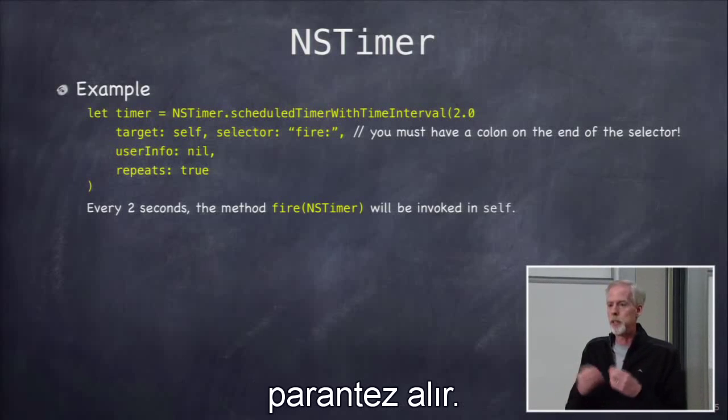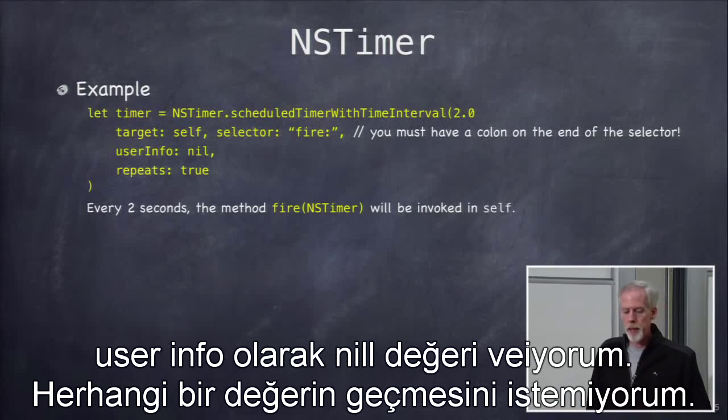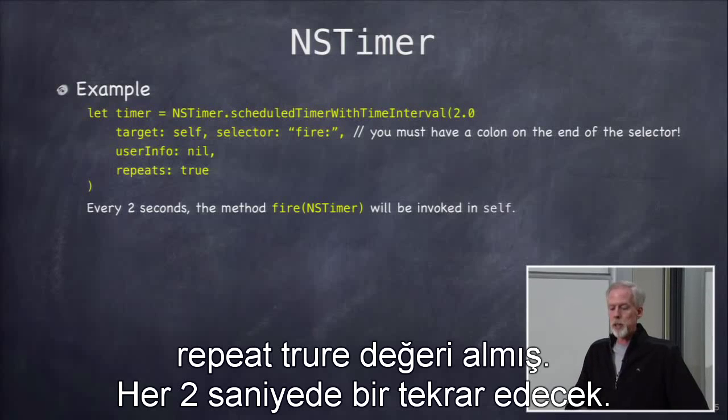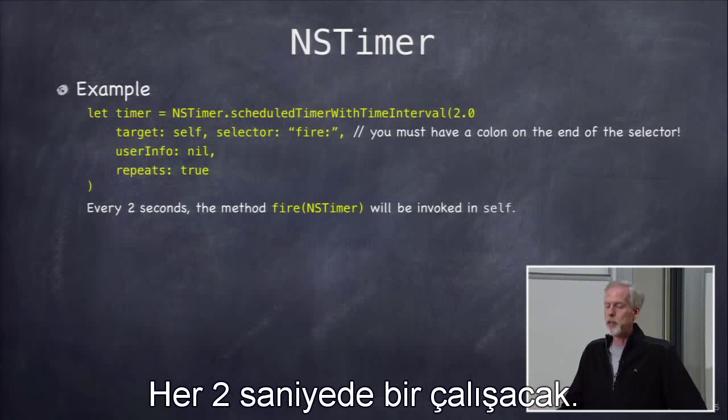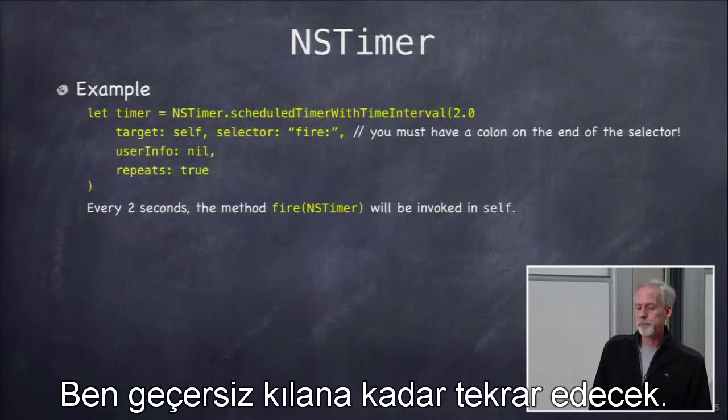Otherwise, it thinks it's the method fire without an argument. And then user info, I'm passing nil. I don't really want any information. I could pass any object I wanted there. And then repeats equals true means it's going to fire every 2 seconds: in 2 seconds from now, and then 2 seconds after that, and 2 seconds after that. Repeat it forever until I invalidate it.